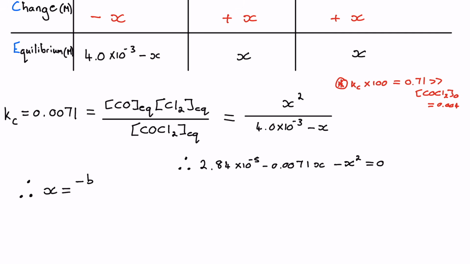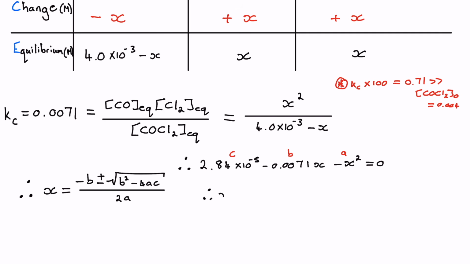We use minus b plus or minus the square root of b squared minus 4ac, divided by 2a, right? And everything is the coefficients here. This is c, this is b, and this is a. So a is minus 1, b is minus 0.0071, and c is 2.84 times 10 to the negative 5.